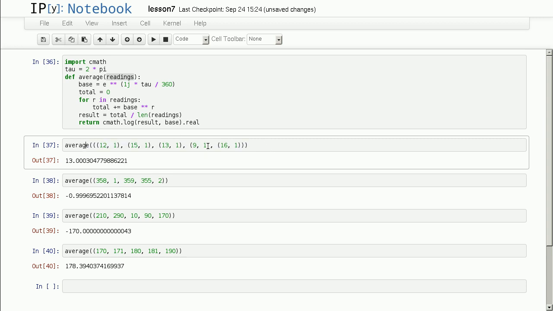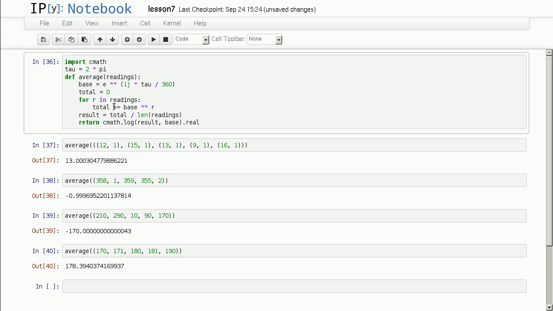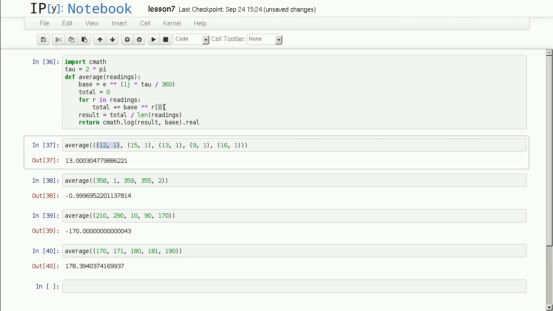But if we enter different speeds for different directions, we should weight the result toward that direction. So I'm going to use basically the same approach, except when I exponentiate my base, instead of r, I'll say r sub 0, which is the first part, the 0th index of this pair. r0 is this 12 degrees.